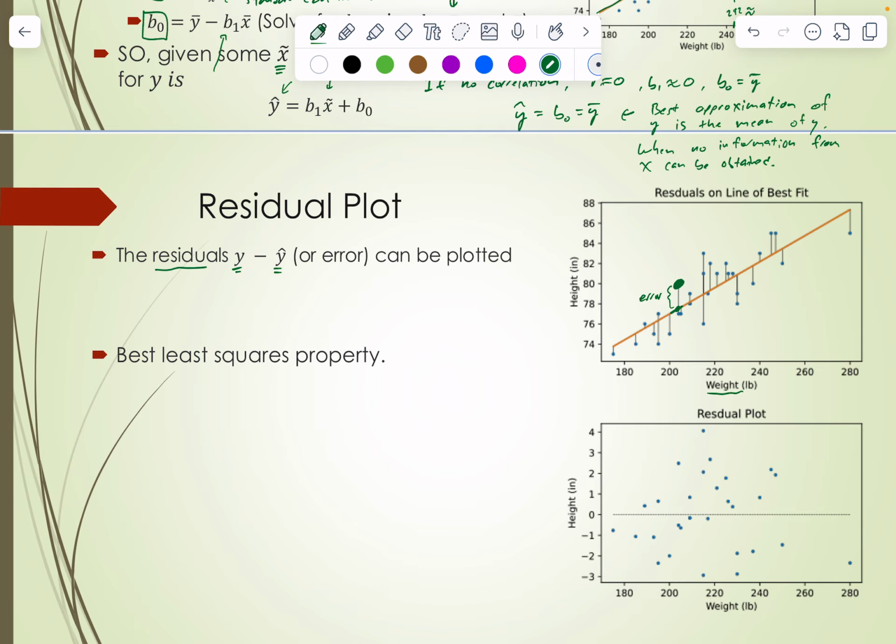These residuals by themselves can be plotted. It's difficult to see, but this plot right here is a plot of only the residuals of our height and weight linear fit, our line of best fit.